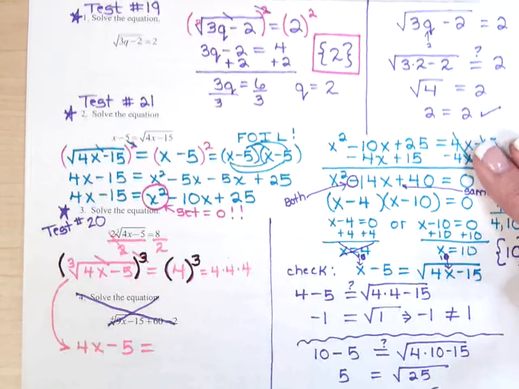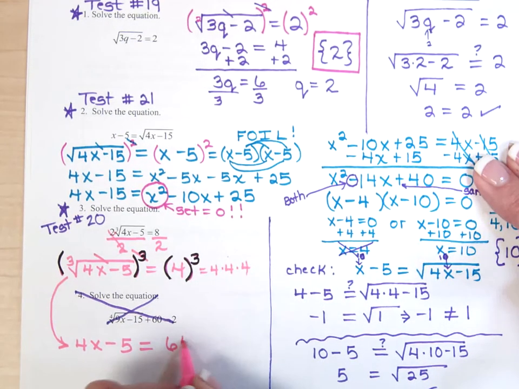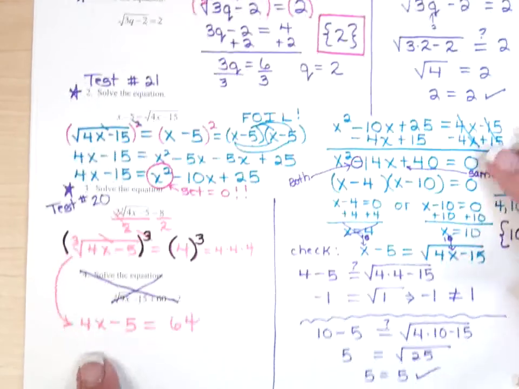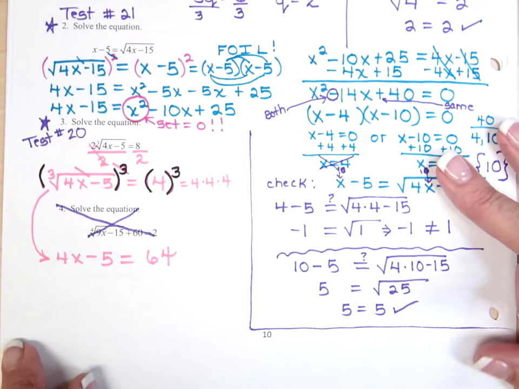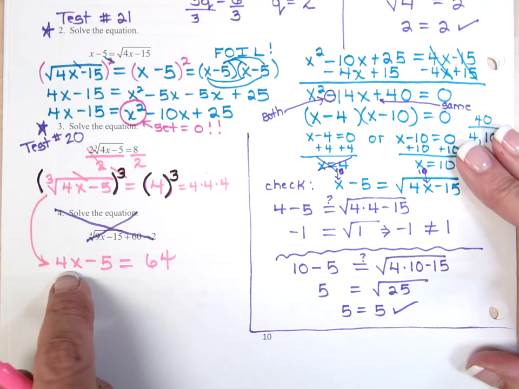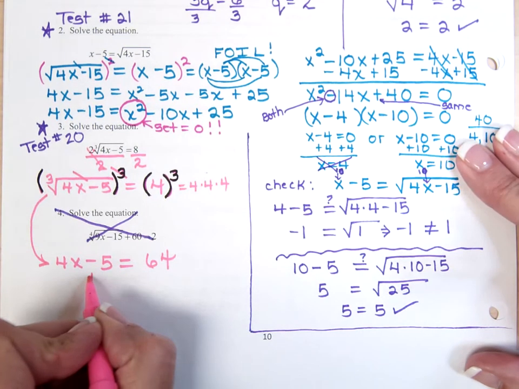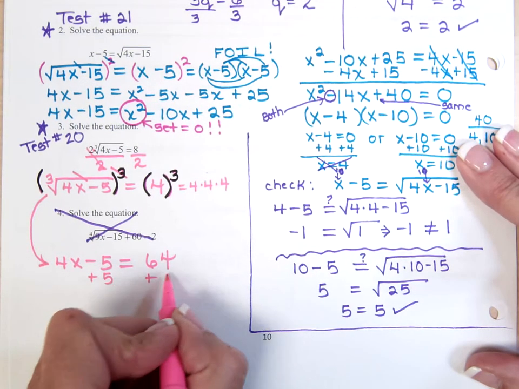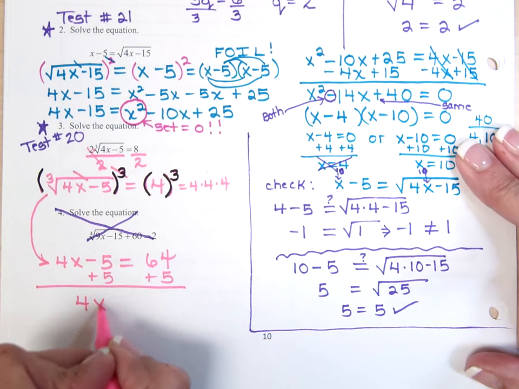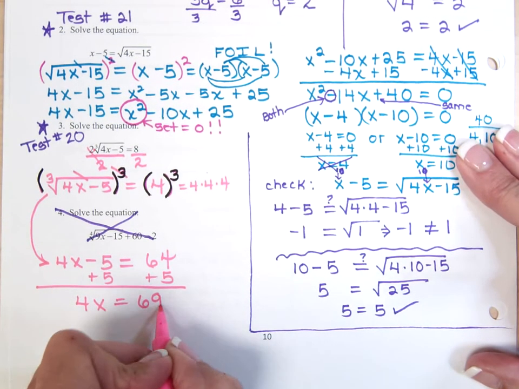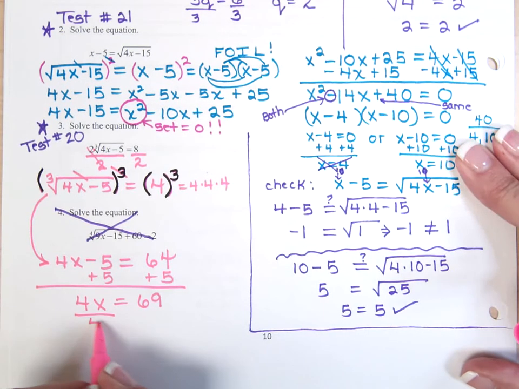Or you can do that on your calculator, of course. I notice there's no x squared term, so because there's no x squared term, I don't have to set it equal to 0. I just get x alone. So move everything without an x to the other side. So 4x equals 69. Divide by 4, x equals 69 over 4.